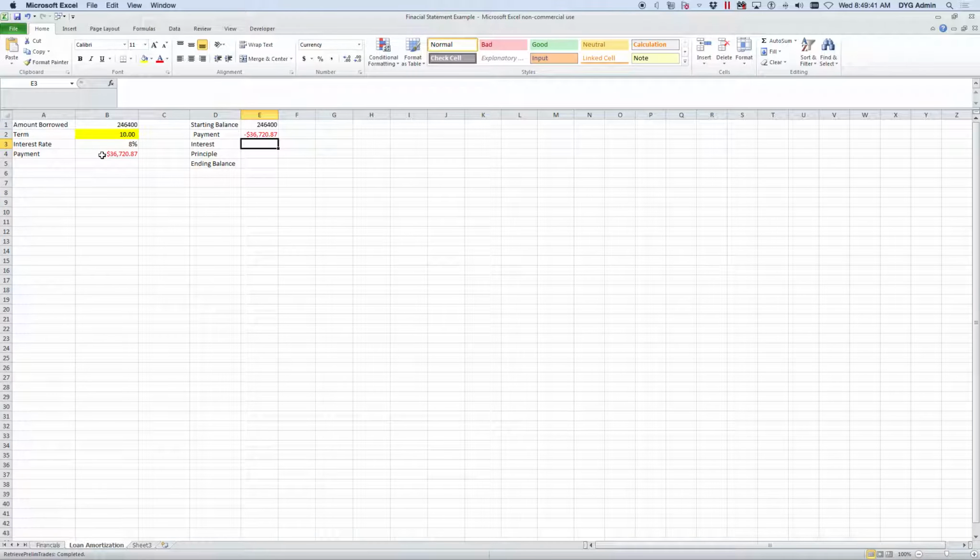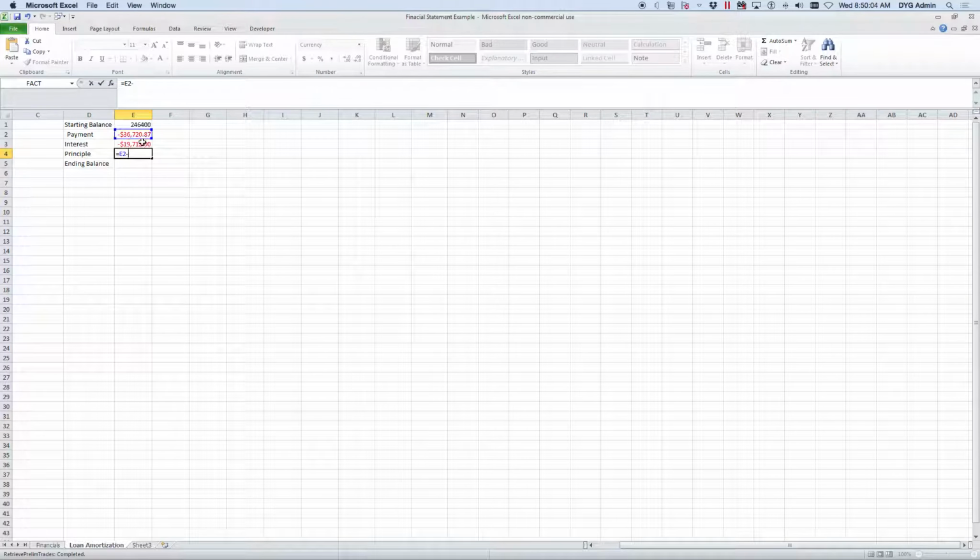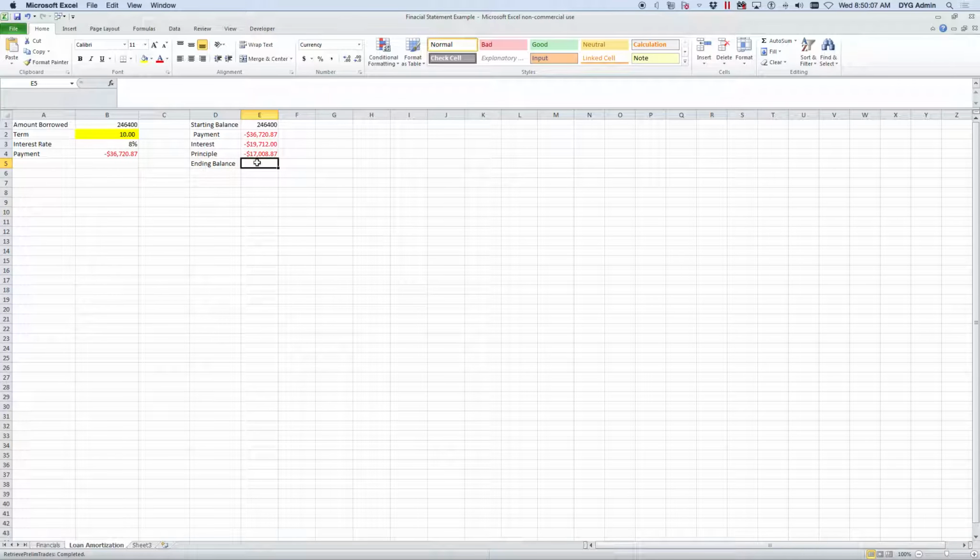Interest is equal to, we'll make it so it's consistent, negative that times 8%. And I'm going to put the little dollar sign there to lock that in. Okay, and so whatever's not interest must be principal, so that's equal to that minus this. And the ending balance is equal to the starting balance. In this case, we do plus because we made our payments negative, minus the principal. So plus the principal, really.